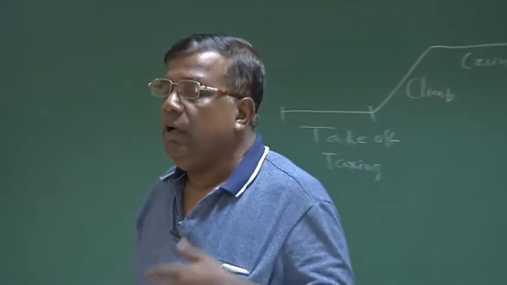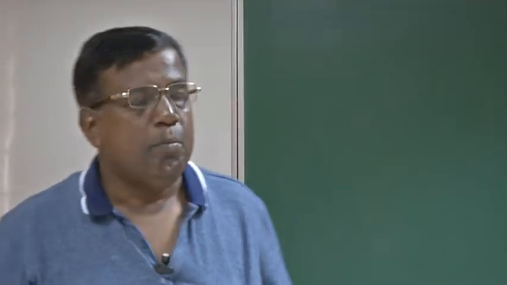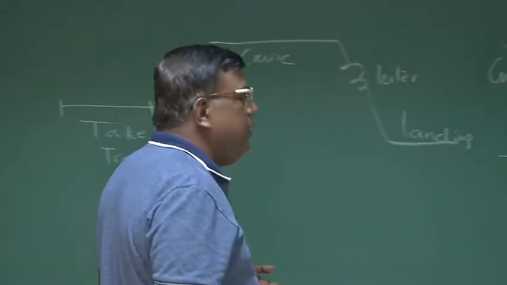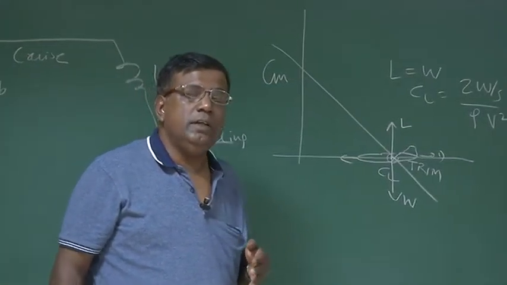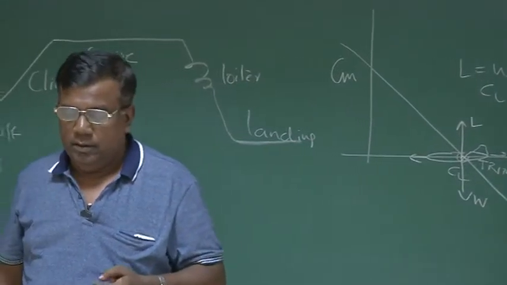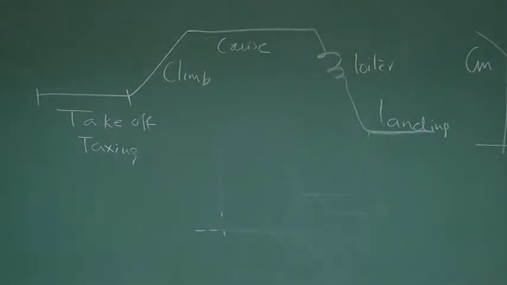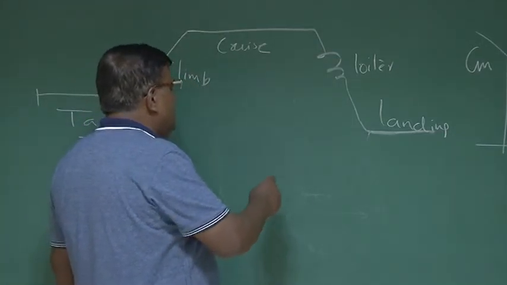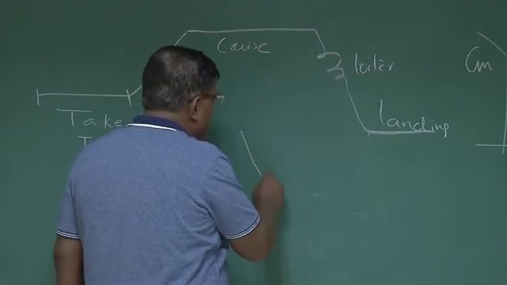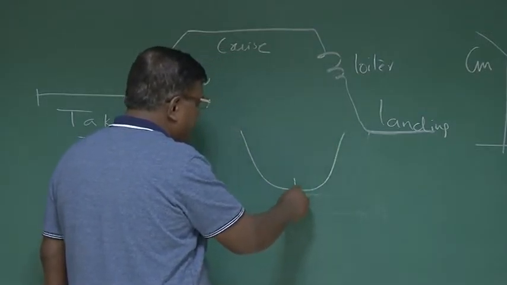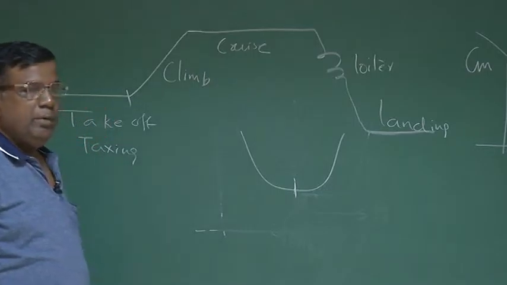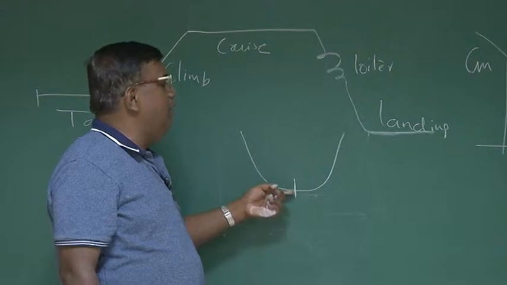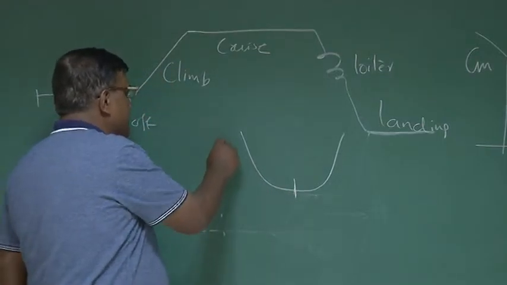Because of CL there is an induced drag, and even if there is no induced drag for an aerofoil, still CD will increase with CL because of flow separation. When I talk about CL, a wise designer appropriately picks the CL somewhere here, at the mid value of the drag bucket, so that even if there is a change in CL, there is no large change in the drag coefficient. Okay.